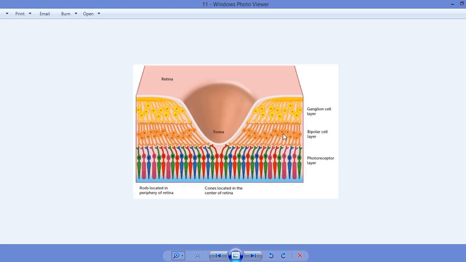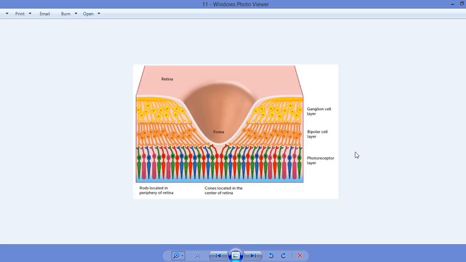That will not go through these two layers, because these two layers are directed laterally, and these cone cells are exposed directly to the image. That's why you can see very sharply with the help of your fovea.